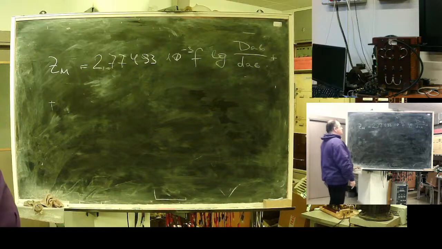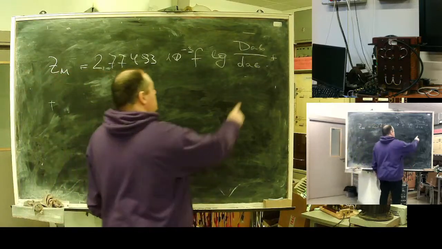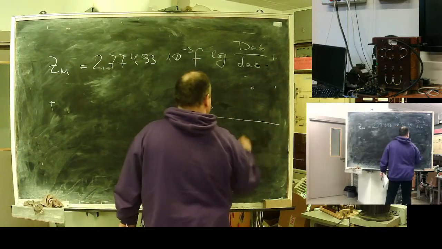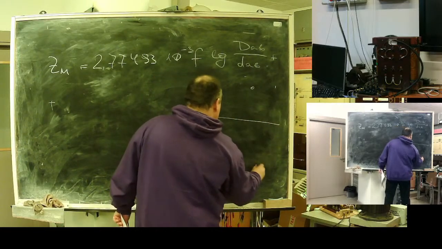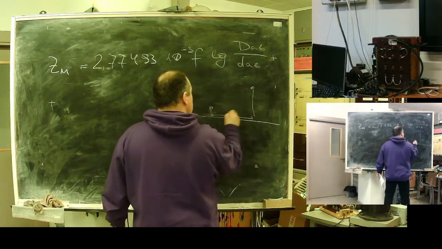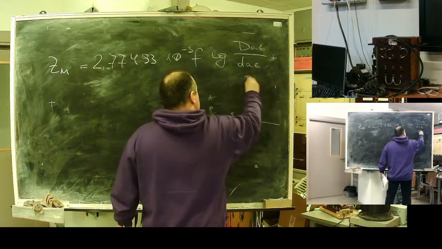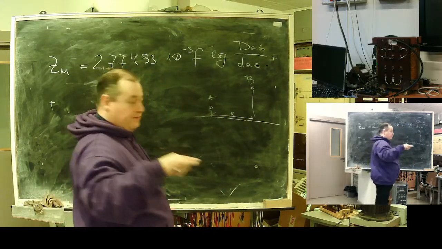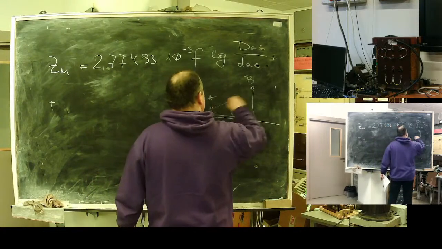yeah, we're making a mistake. Why is it 1 second? I was just ready to make a mistake. X, if this is A, if this is B, X is the distance on the Earth's surface between vertical lines.